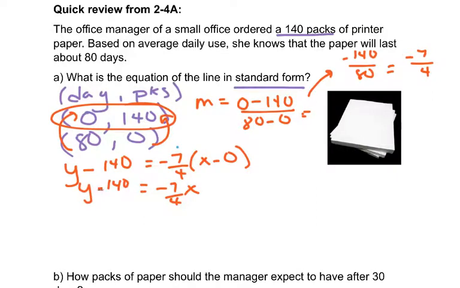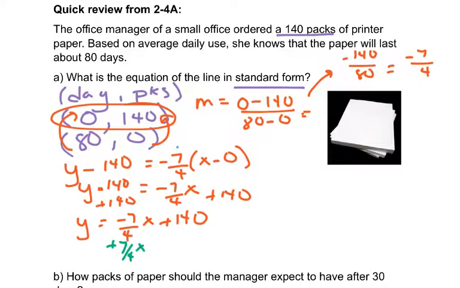Okay, let's add the 140 to the other side. So now we have y equals negative 7/4 x plus 140. And that is in slope-intercept form, but they asked us to put it in standard form. For standard form, we'd want to get the x and y's all on the same side. So I'm going to add my 7/4 x over to the left.